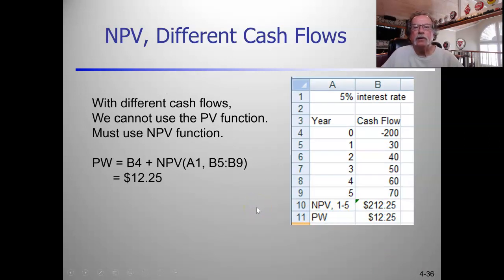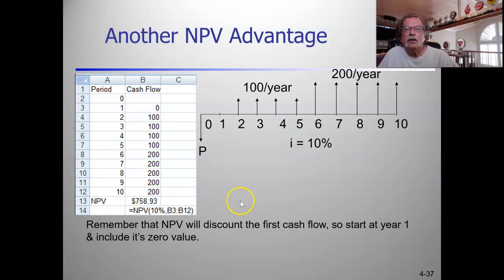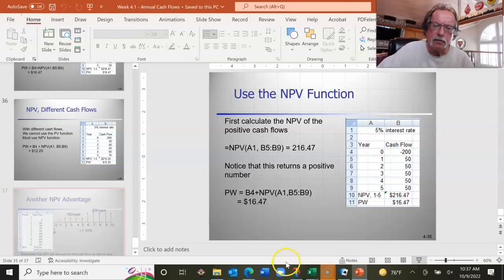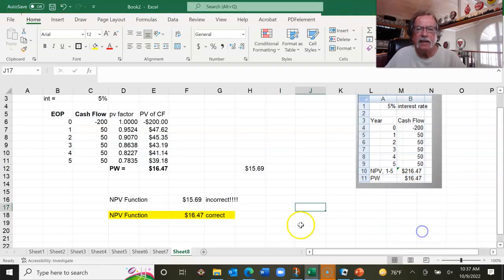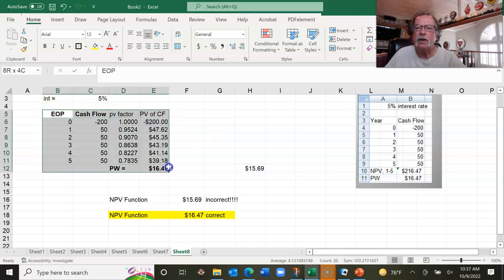And so this example here says you have to use the NPV function. You can't use the PV function when you have different cash flows. Well, that's true, but what I want to emphasize here is that industry analyzes problems this way.